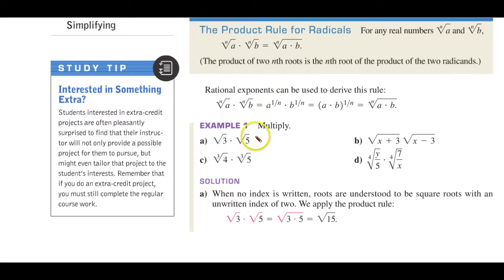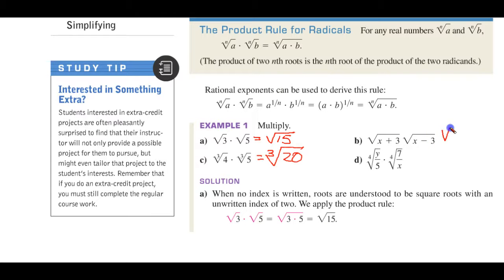So let's do this then. We can just multiply these, the square root of 15. Now since our index numbers are the same, this is going to be the cube root of 20. And we're going to multiply this. Now notice what happens here when we do this multiplication.